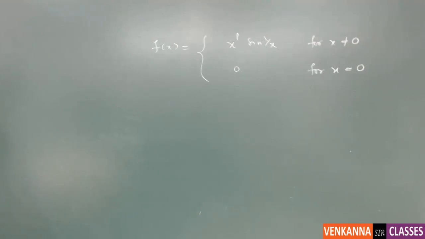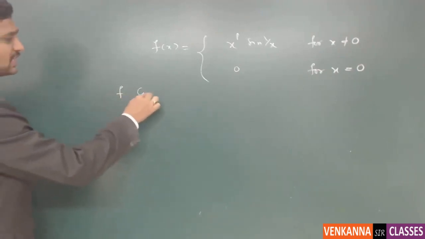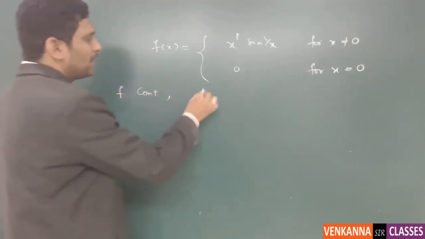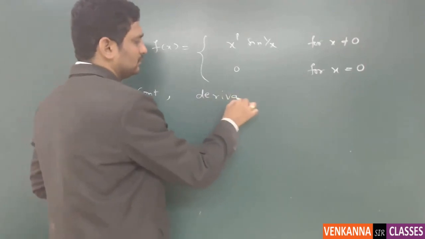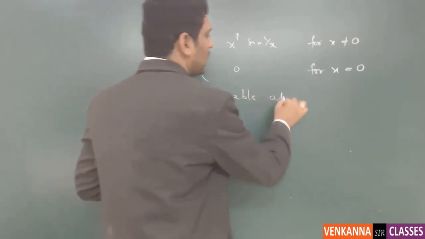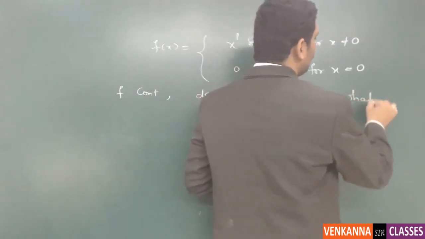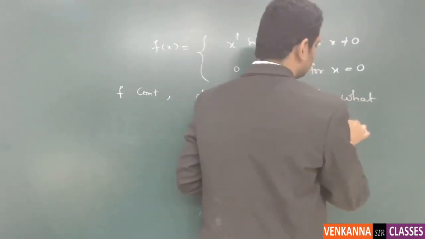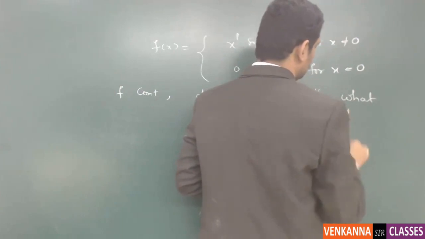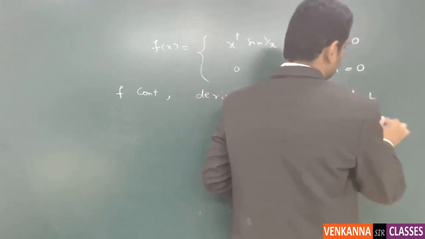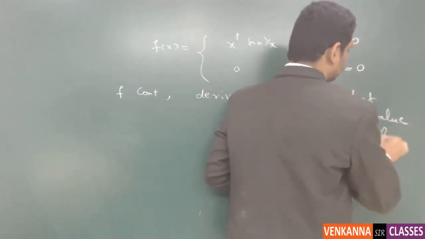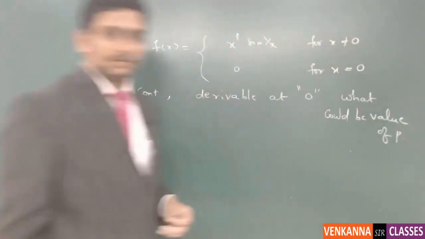Now the question part is, if you want to say that the function is continuous and also derivable at the point 0, what could be the value of p? That was the question.